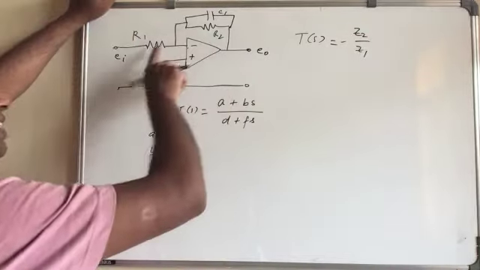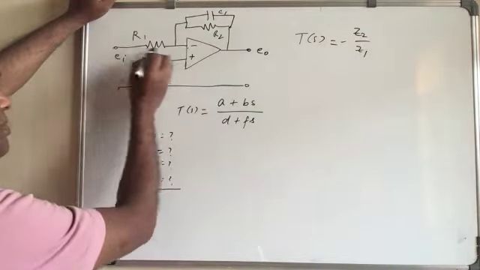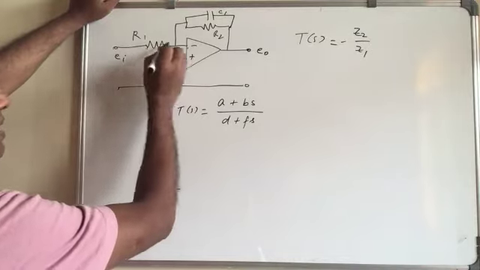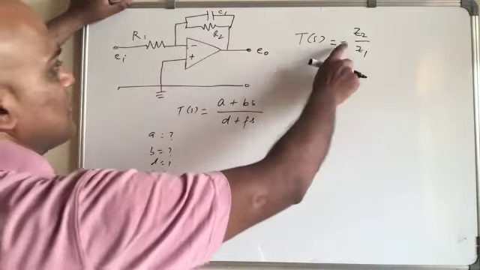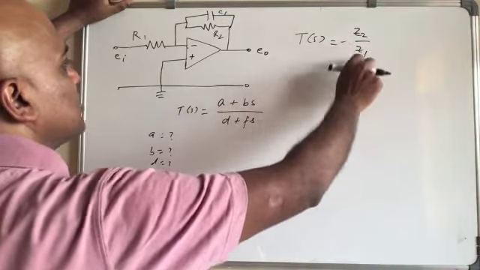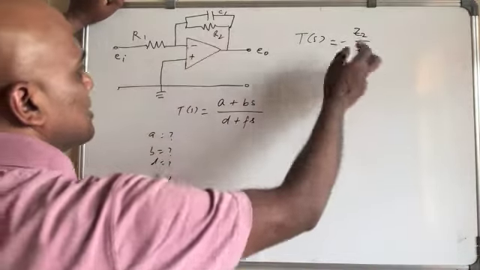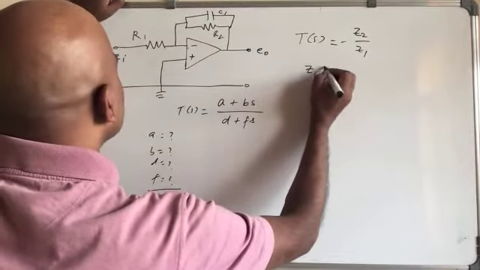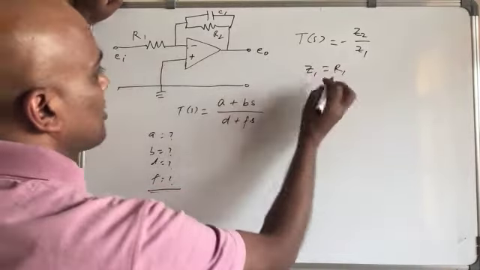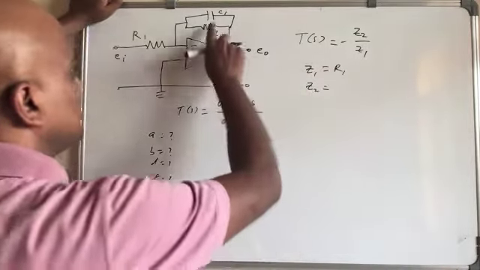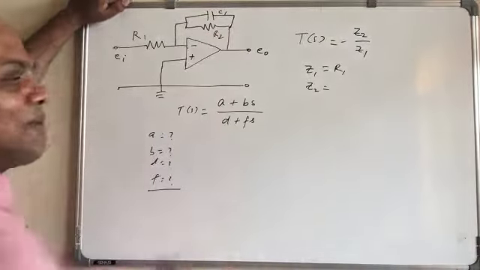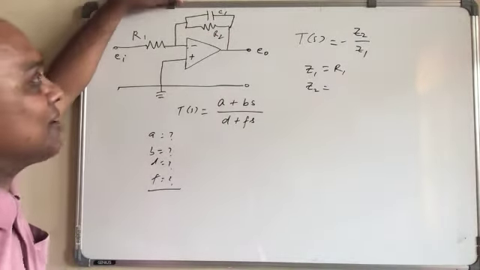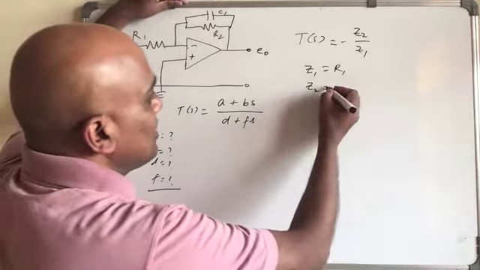Because this is the first configuration, where we are giving the input to the minus pin, and in that case it is simply minus Z2 over Z1. Now we have to find out what Z2 and Z1 are. Z1 is simply R1, but Z2 is now R2 and C1 in parallel, not series, so they will not add up. So what will it be?